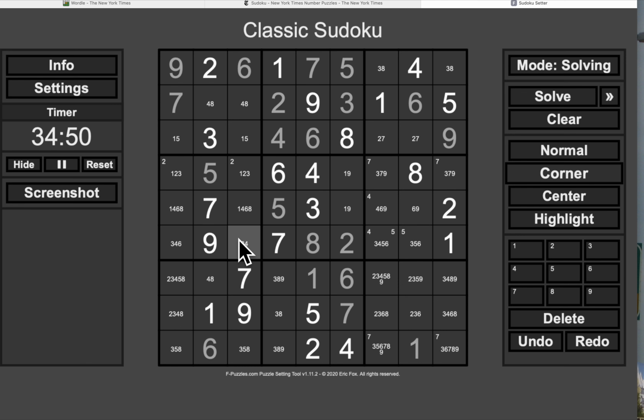Hmm. 2, 8. I don't have anything else. Well, these are down to pairs. These are down to pairs.